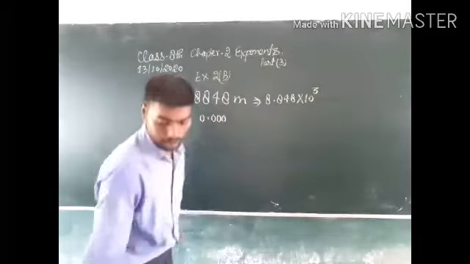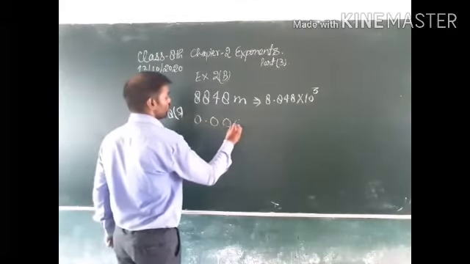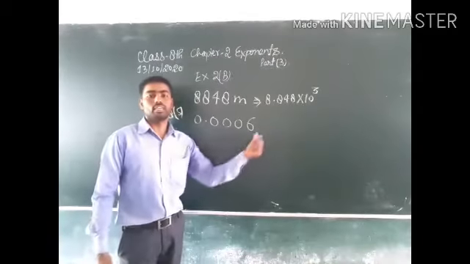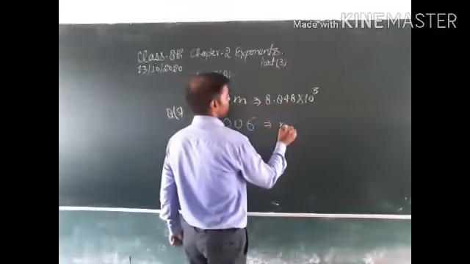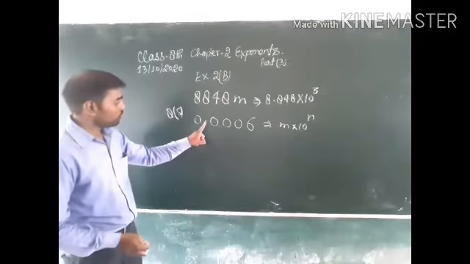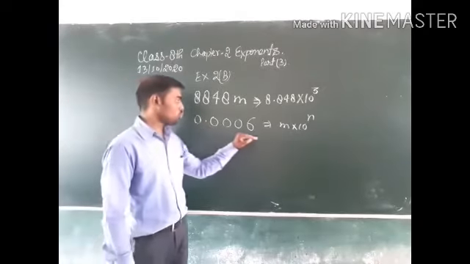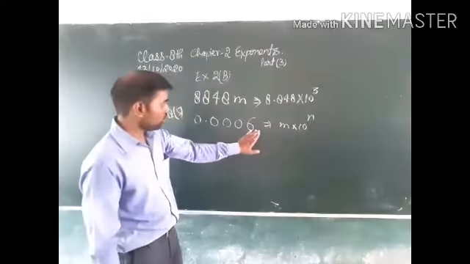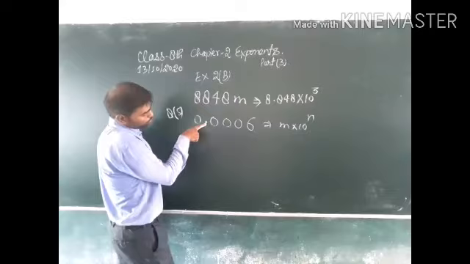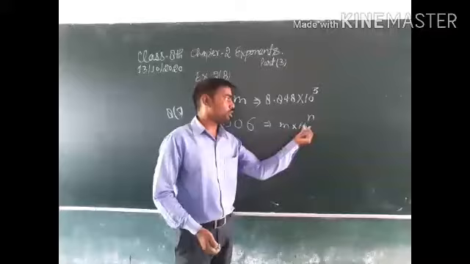0.0006. Write this number into standard form. It can be written in the form of m into 10 to the power n. When the decimal point moves in the forward direction, we take 10 to the power negative.